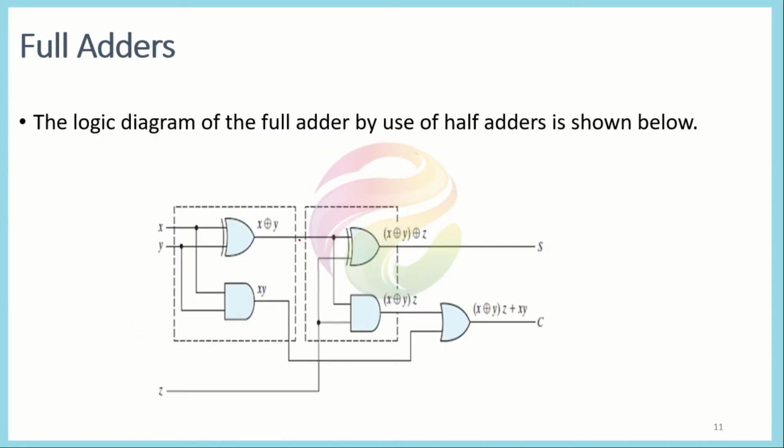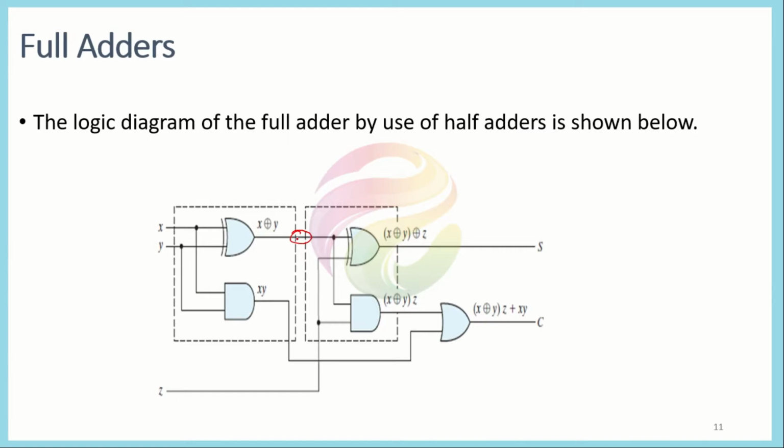This circuit is generally represented in this kind of diagram. This dotted line represents the first half adder, while this dotted line represents the second half adder. Z is the third input. First we perform the half adder operation for the 2 bits, and this point gives us the result of the first half adder.